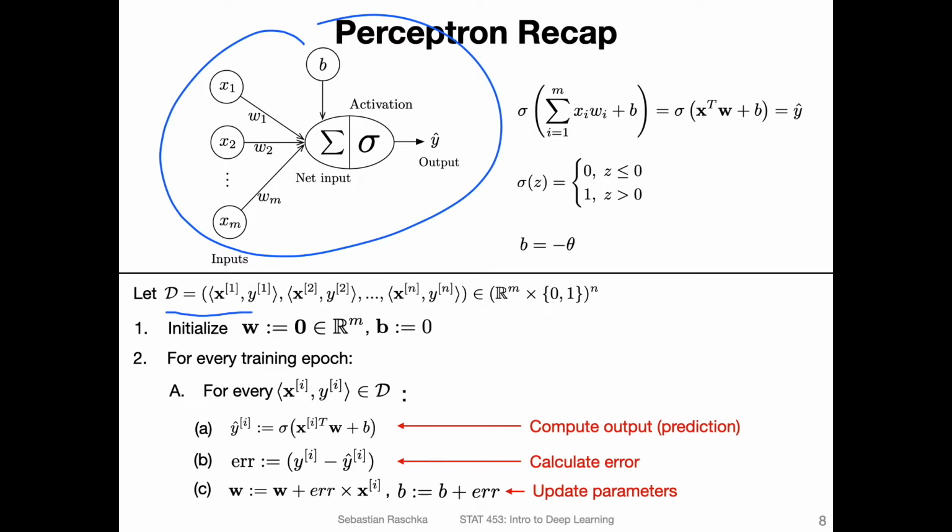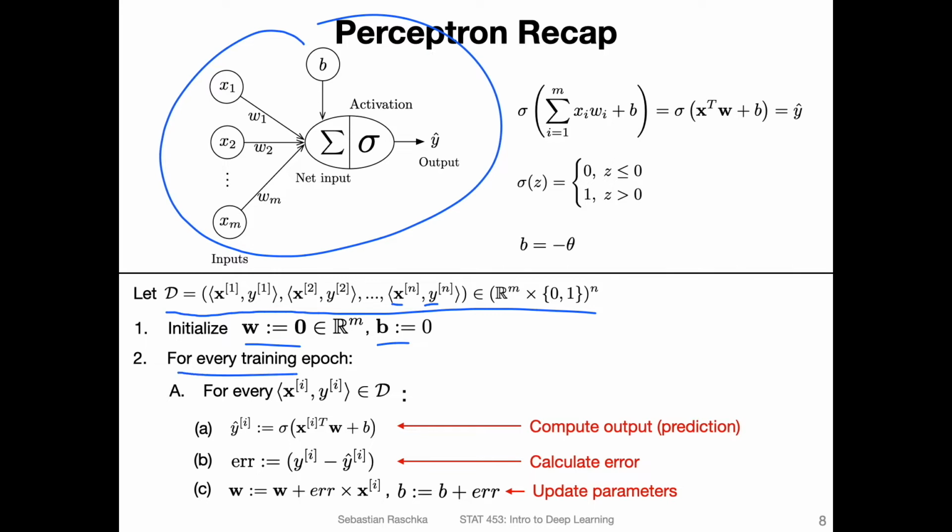If we have a dataset, let's call that dataset D, with n training examples but also n labels, where each training example has a feature vector x and a class label y. When we start training on this dataset, we initialize the parameters of the perceptron. For example, we can set the weights to all zeros, and we can set the bias unit also to 0. So this is nothing new, this is just a recap.